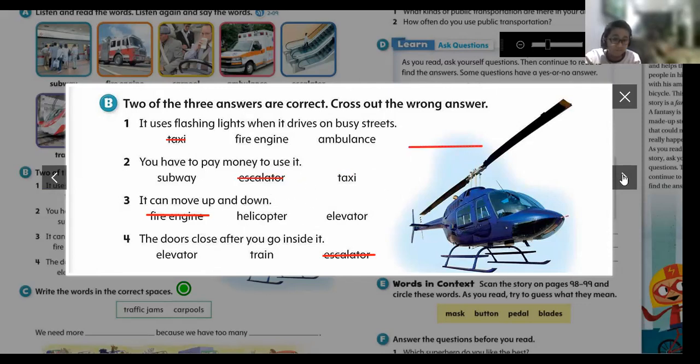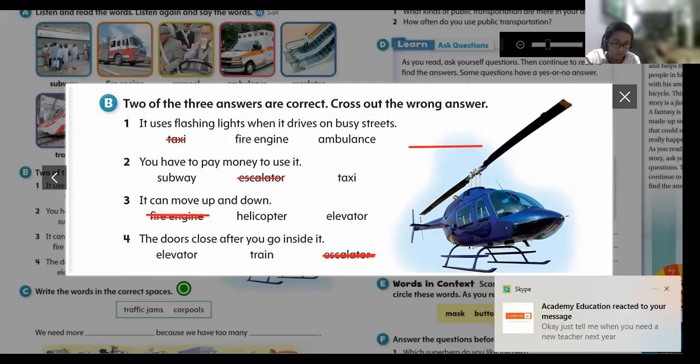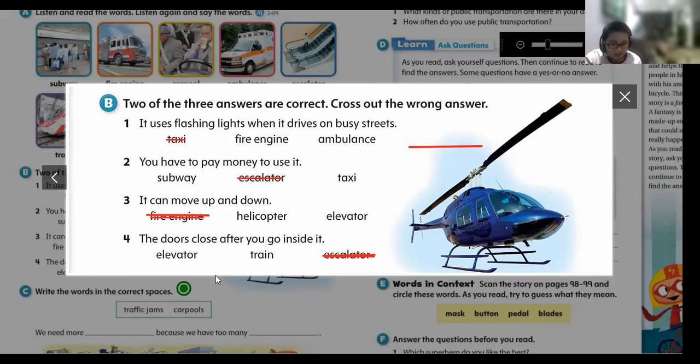That's correct. It can move up and down. So you cross out fire engine. That's right. So helicopter can move up, can move down. Elevator also can go up and can go down. That's right. For the doors that close after you go inside it, you cross out escalator.